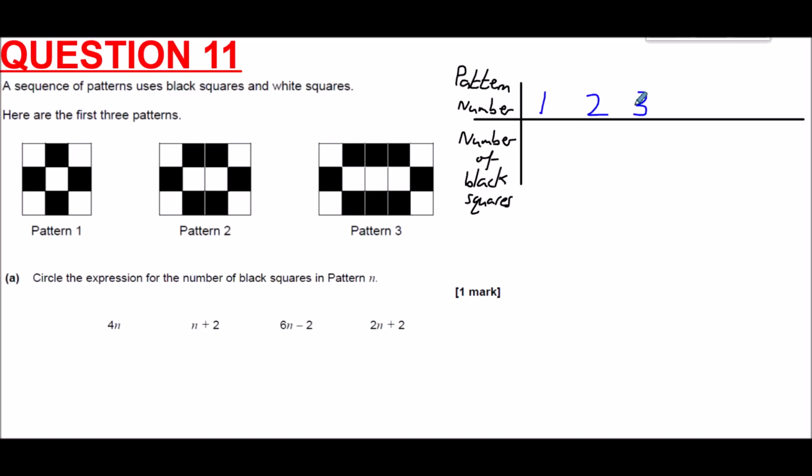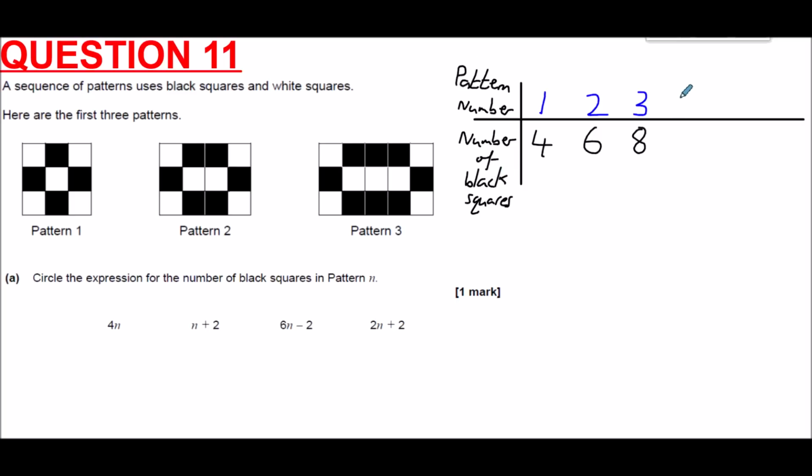So let's just have a look at the black squares for these patterns. First one's got 4 black squares. The second pattern has 1, 2, 3, 4, 5, 6 black squares. And the third pattern has got 1, 2, 3, 4, 5, 6, 7, 8 black squares. And so the number of black squares is increasing by 2 each time.